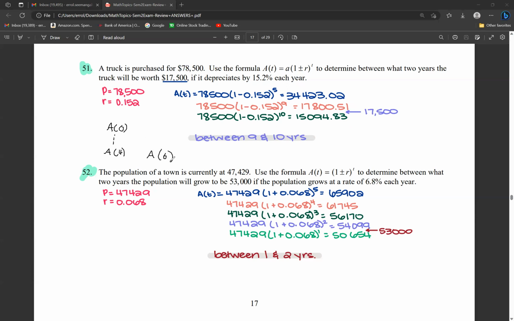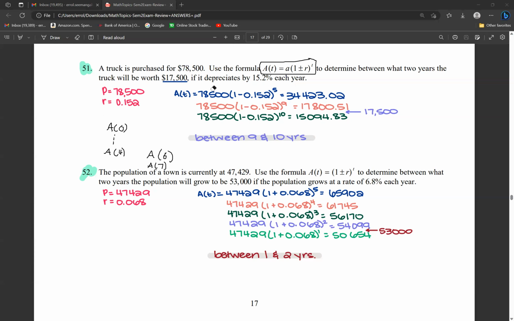If it's still above 17,500, then you'd go to the next one, A7. Just use this formula right here into your calculator and see between what 2 years it's 17,500.